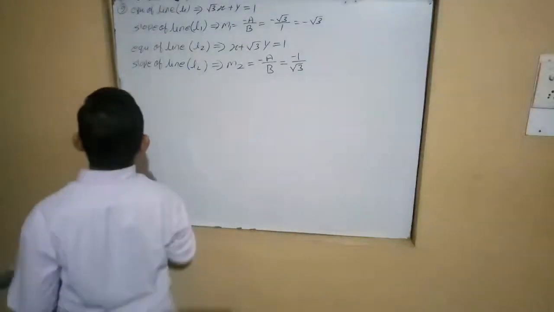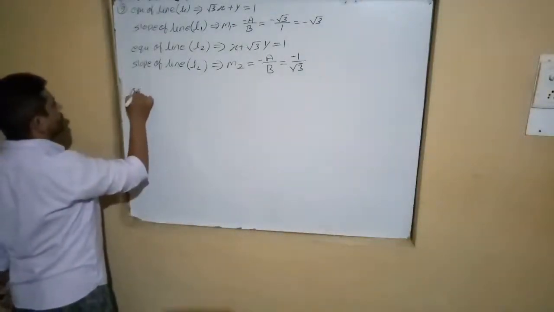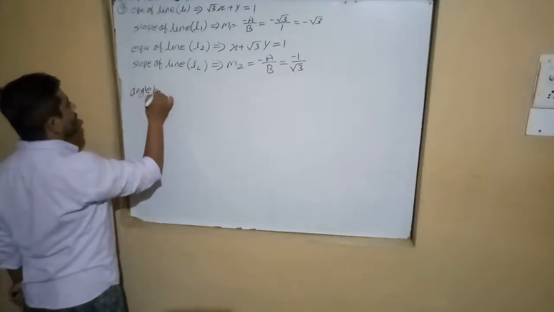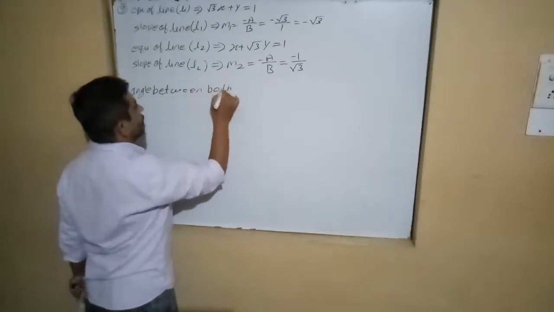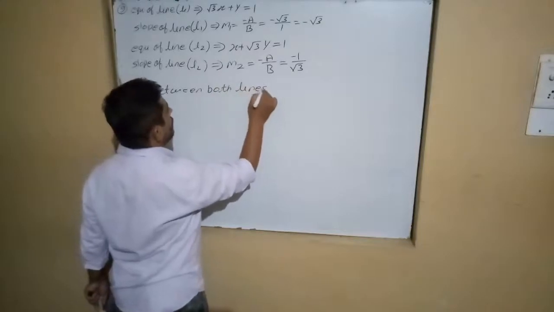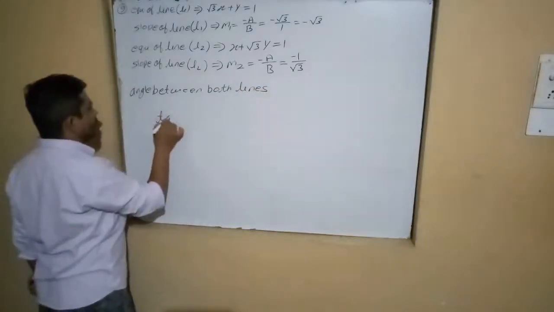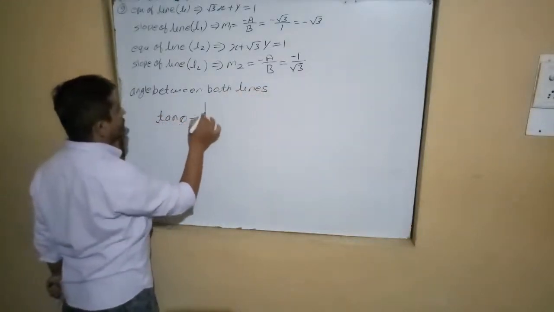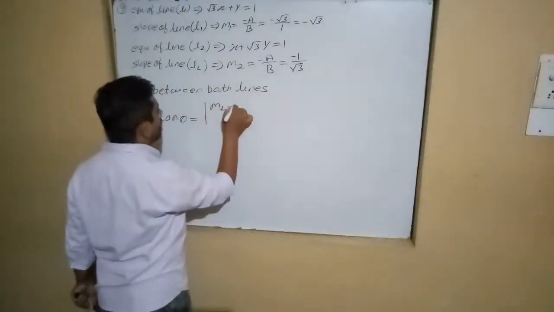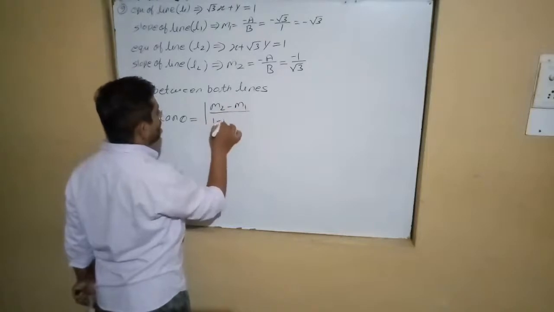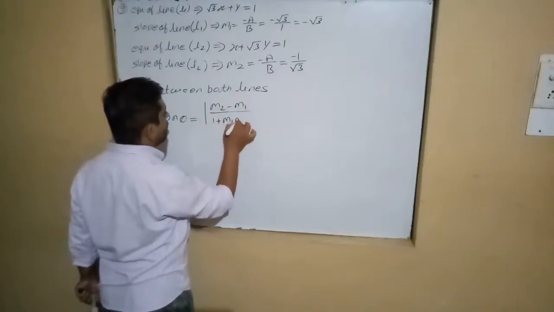And we need what? The angle. So we write the angle between both lines. What is the formula? Tan theta is equal to, what was the formula? m2 minus m1 upon 1 plus m1 m2.